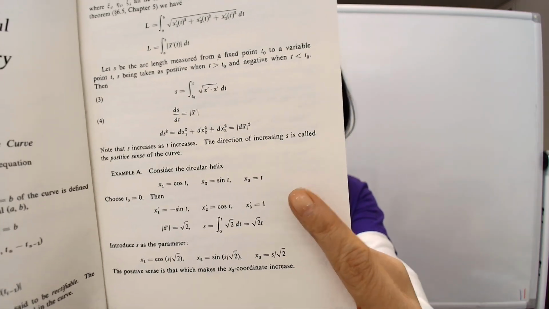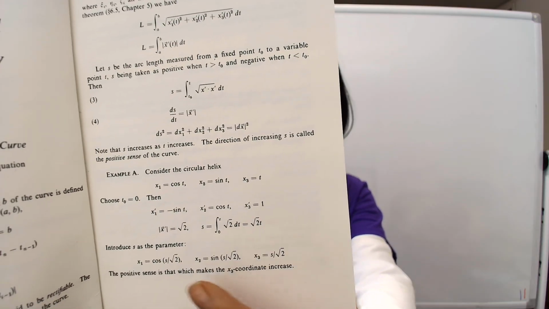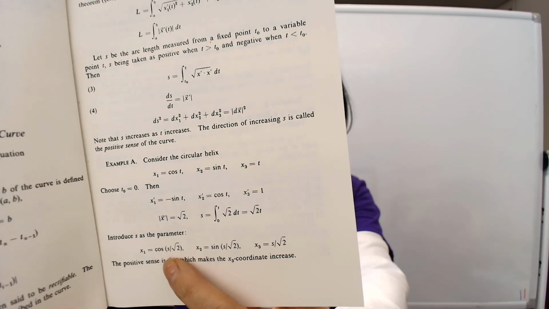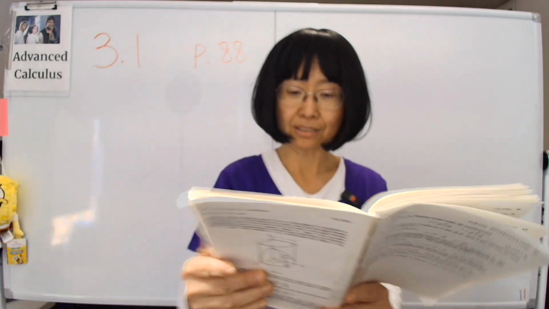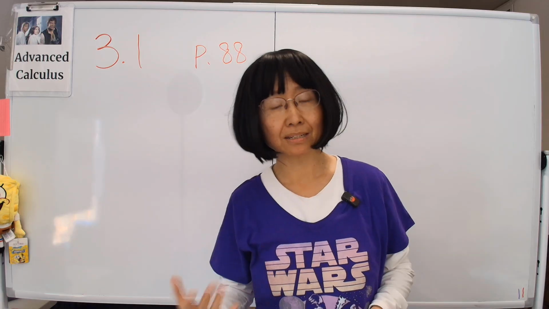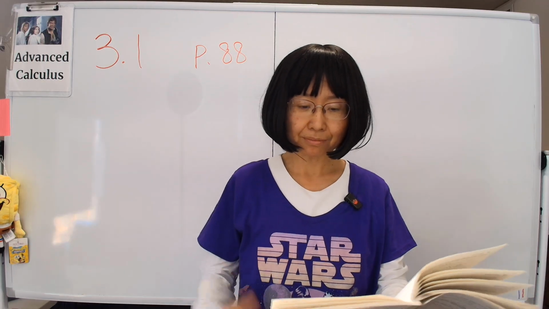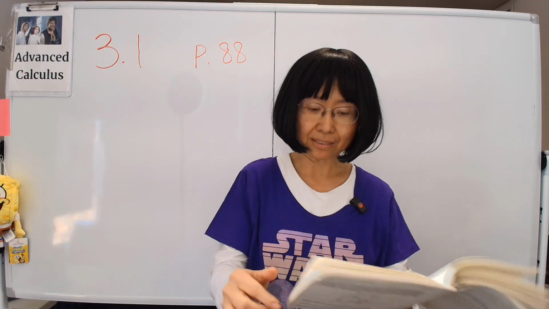The original function has t as the parameter. We'll use this relationship to put s in there. So now t is s over square root of 2, and then we have this representation. And so now the function is being represented by the arc length. The parameter isn't just any old thing, it's actually specifically the arc length.